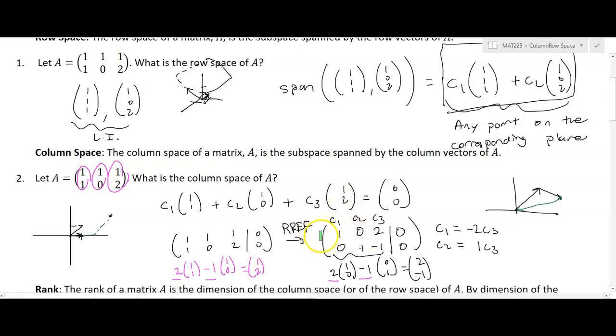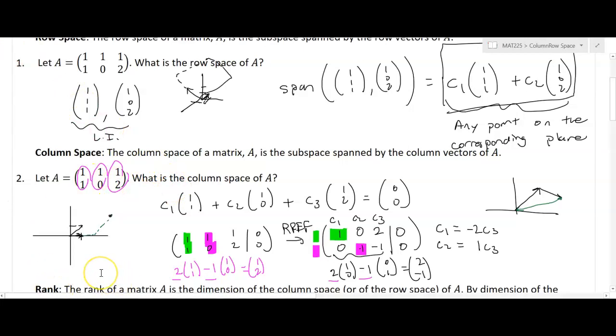The other way to judge this, in other words, which vectors form a linearly independent set, is to look at each row. So look at row 1. The first one appears in column 1. That means column 1 is going to be kept as part of the linearly independent set. Look in row 2. The first non-zero value that I see is in column 2, and so that tells me that 1, 1 and 1, 0, that's a shortcut way to tell me that those two vectors basically span all the same space that all three of these span together.